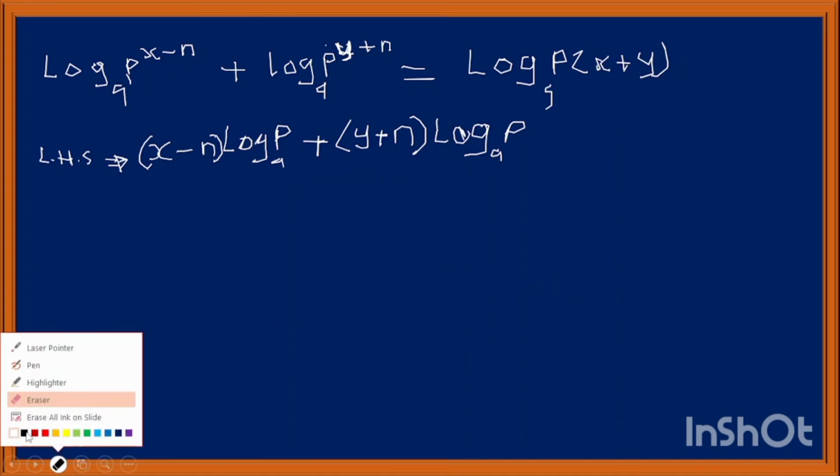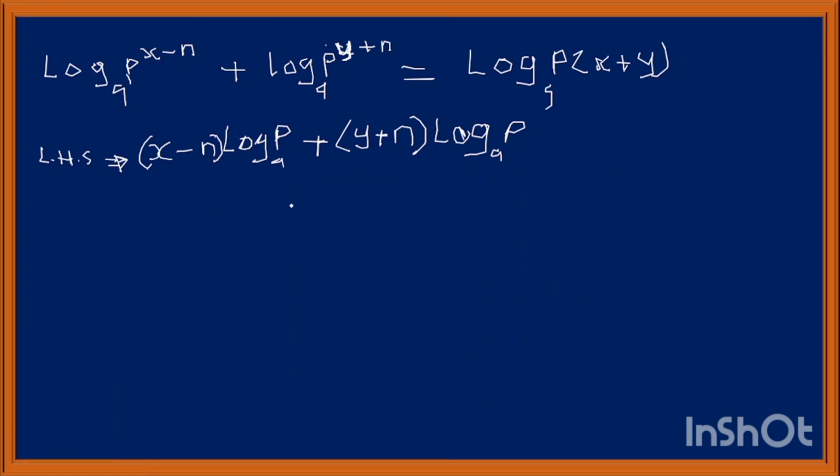So if we do this now, I'm just going to factor out this log p base a, log p base a. So if I factor it out, I'm going to be left with x minus n and plus y plus n.